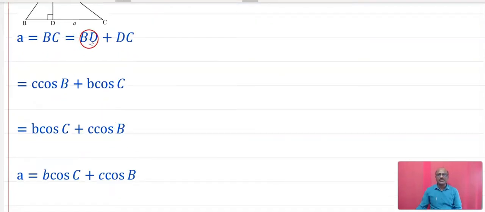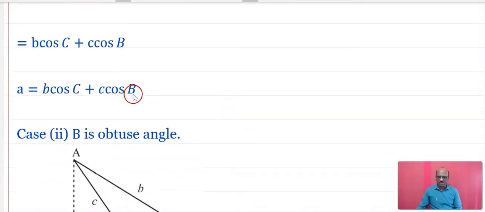Here BD means c cos B, and DC means b cos C. Therefore, a = b cos C + c cos B.